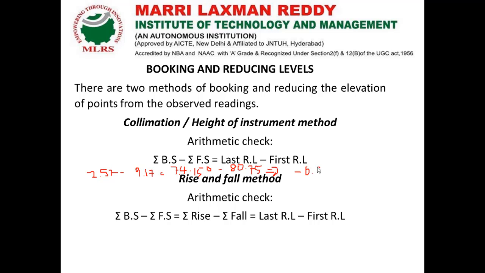And on the right hand side, 74.15 minus 80.75, that also we are getting as minus 6.6. So our left hand side is equal to the right hand side. So the result is correct, and whatever calculation we have done is also correct. Thank you.